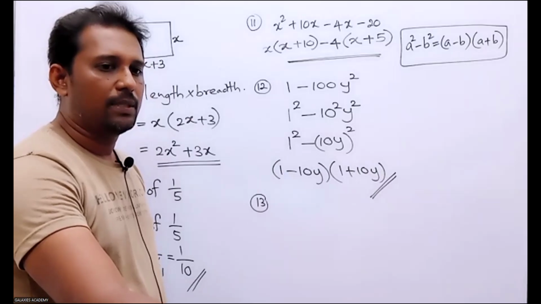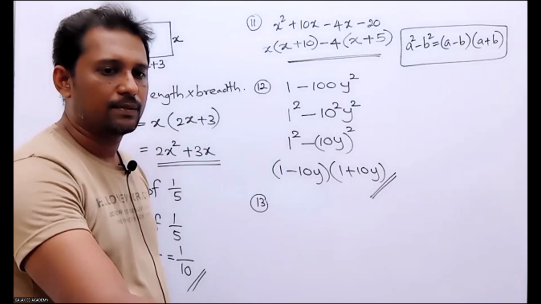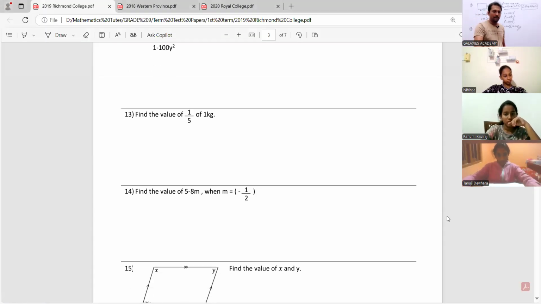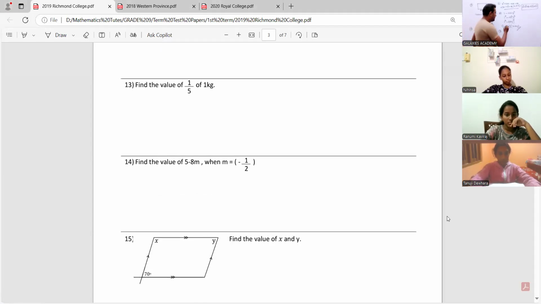Right, let's go to the 13th question. Question number 13. Substitute the value. The expression given is 5 minus 8m. You have to substitute m equal to minus 1 over 2.